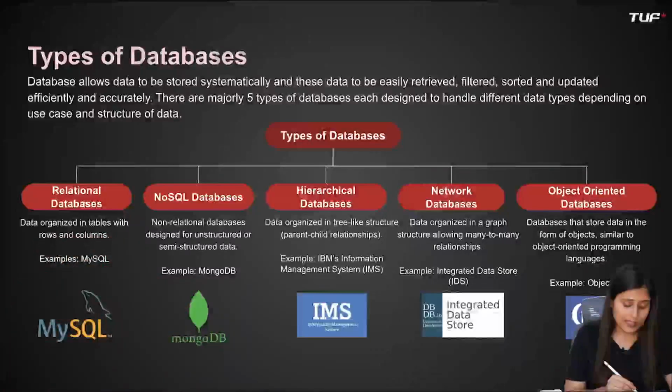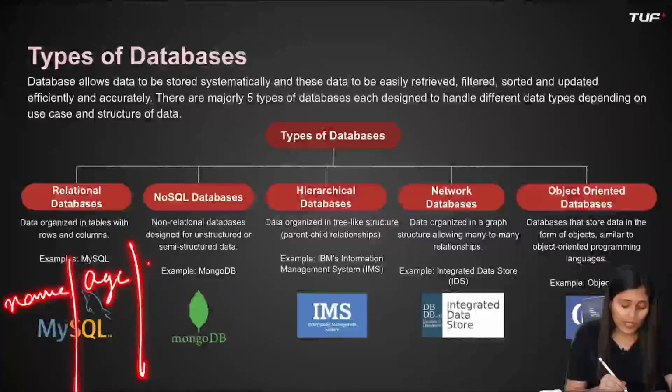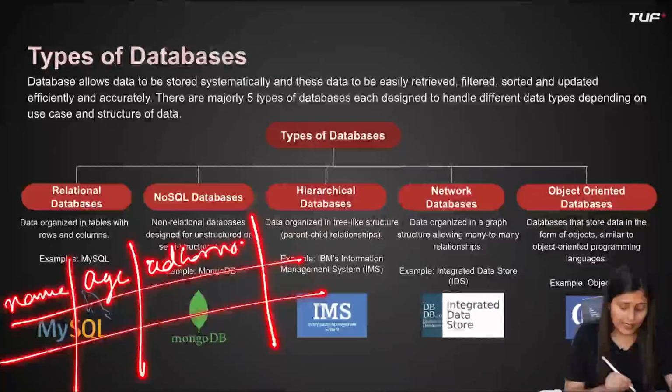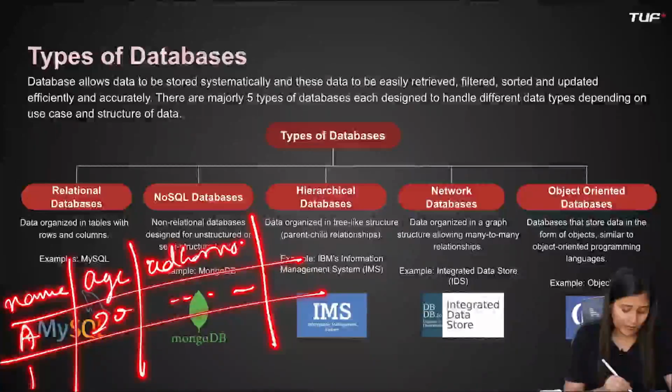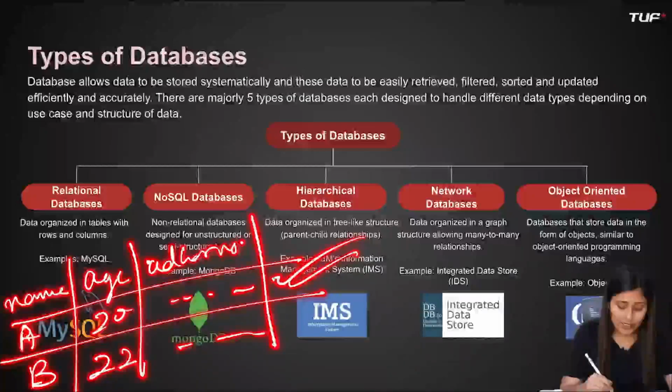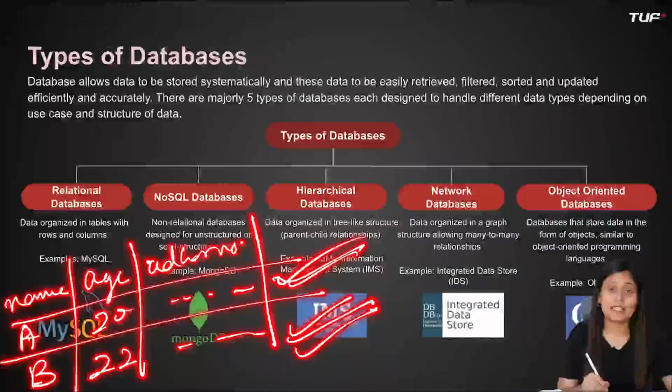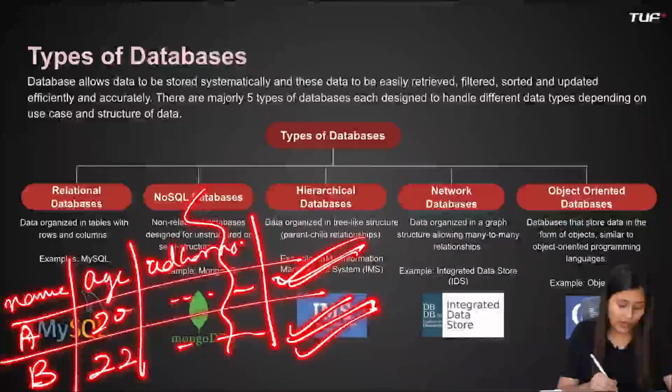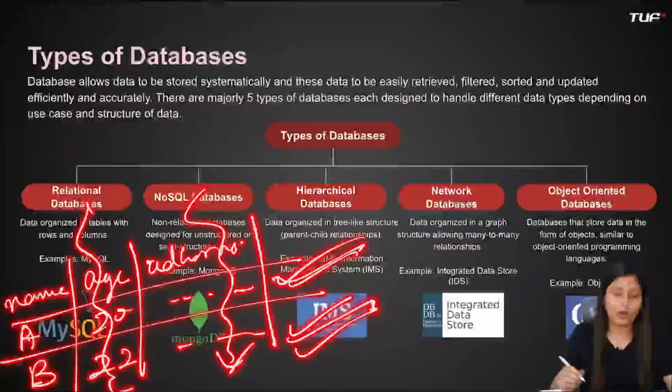For example, let's suppose we have name as one column, age as another column, and Aadhaar card number as another column. And let's suppose we have name A, age 20, Aadhaar number, then name B, age 22, then Aadhaar number. So each row will be considered as a data entry, and each column will be considered as the attribute called parameter.